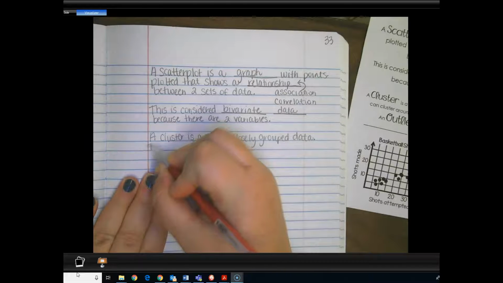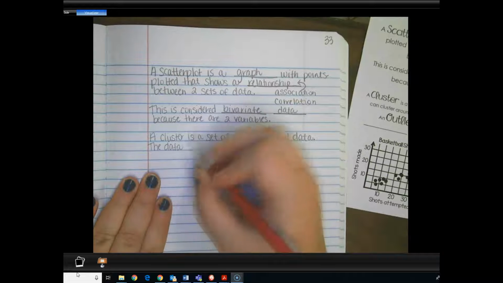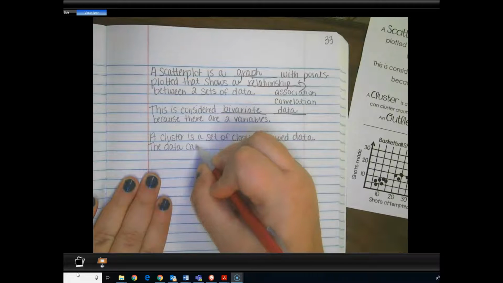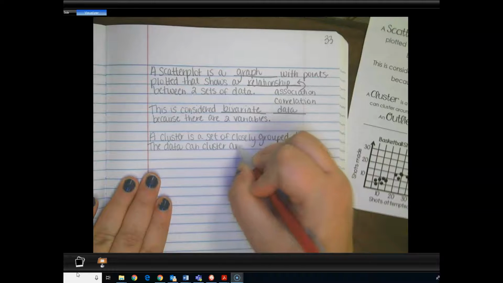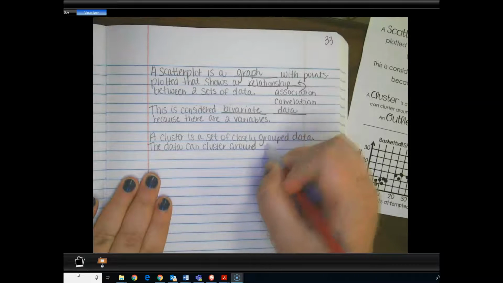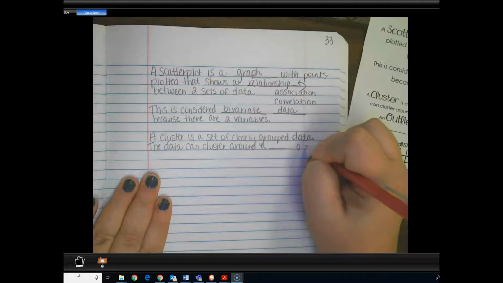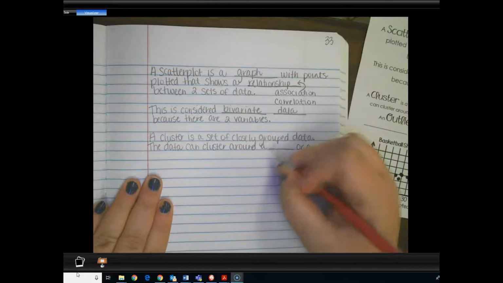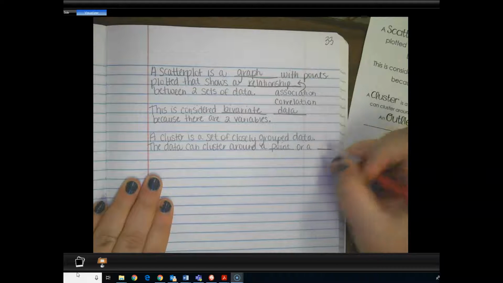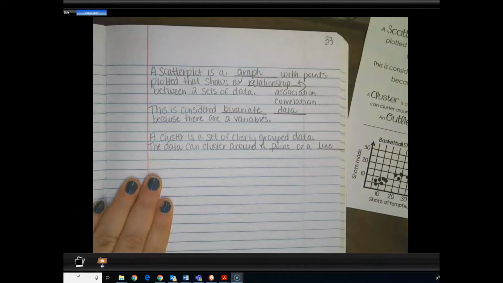The data can cluster around a blank or a blank. It can cluster around a point in the first blank or a line in the second blank.